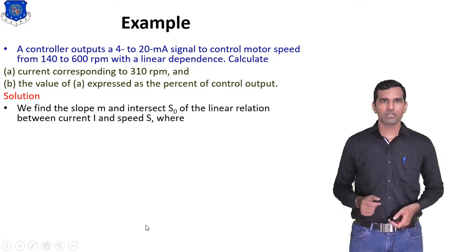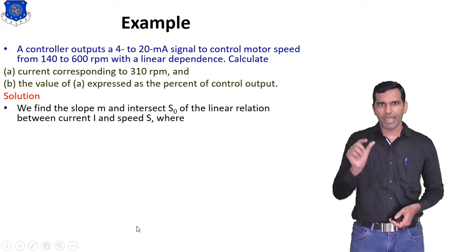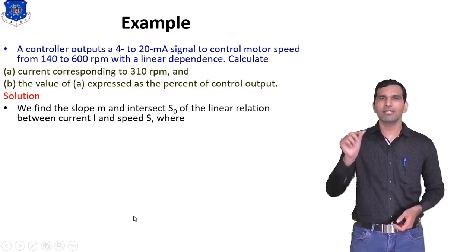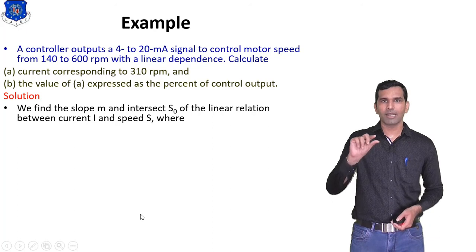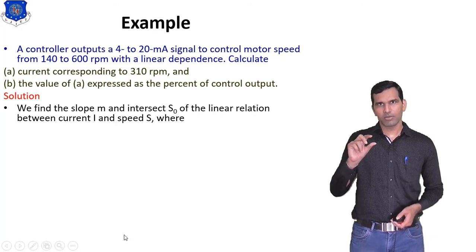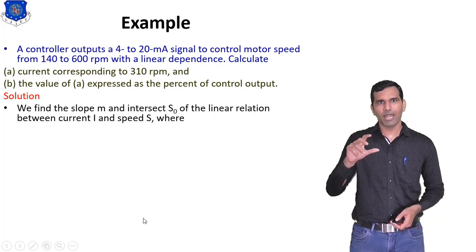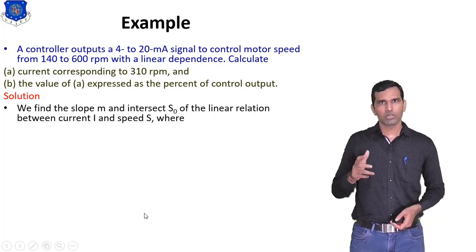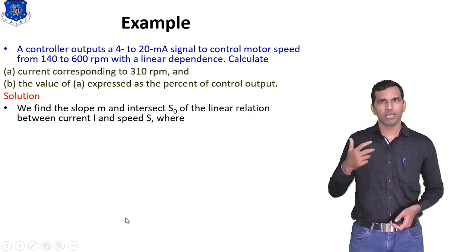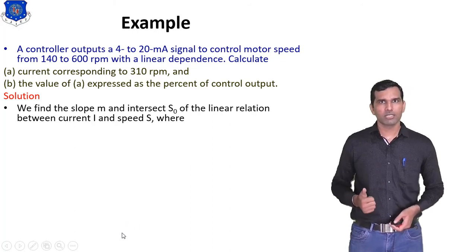We find the slope M and intercept S0 of the linear relation between the current I and speed S. By using the algebraic or mathematical equation, we solve this example.